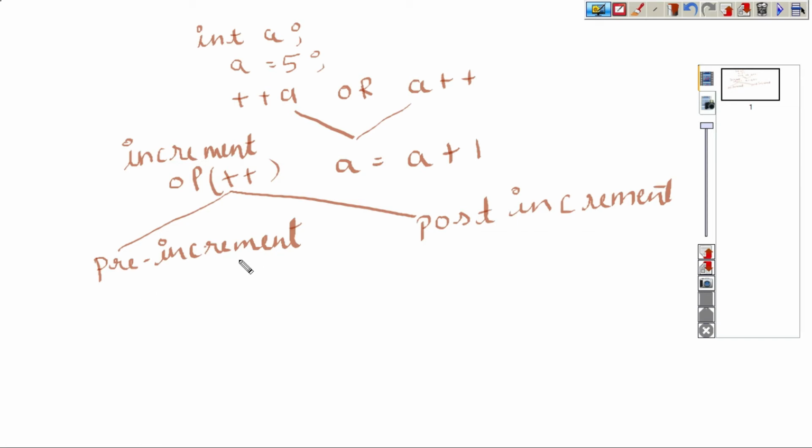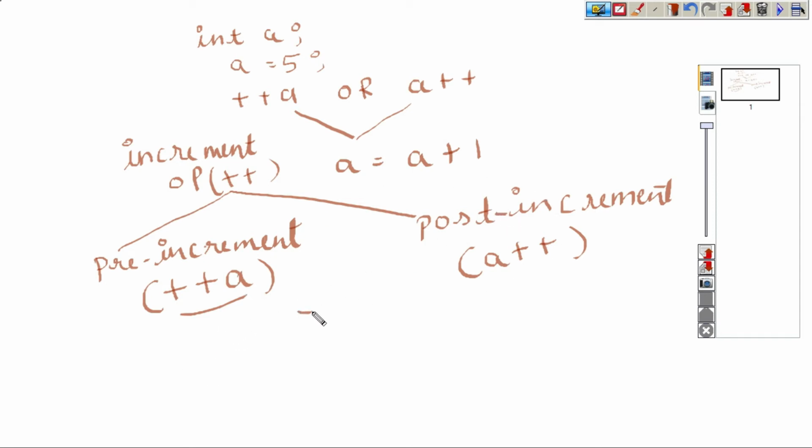Pre-increment and post-increment. What does it mean? As the name suggests, when we write the plus plus symbol before a, it is known as pre-increment. Post means after a, so when we write a plus plus, it means post-increment. So what is the difference between these two operators?